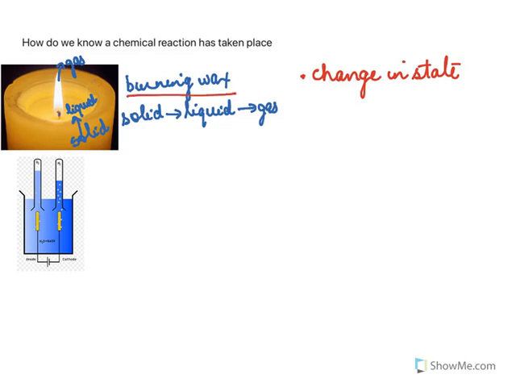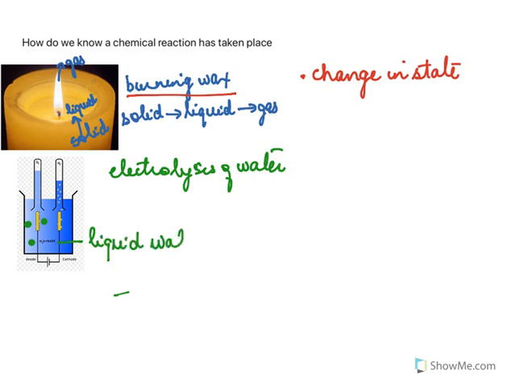Now take another example here: electrolysis of water. What happens in electrolysis of water is, here we have liquid water, and when electricity is passed through it, it turns into gas, oxygen gas and hydrogen gas.